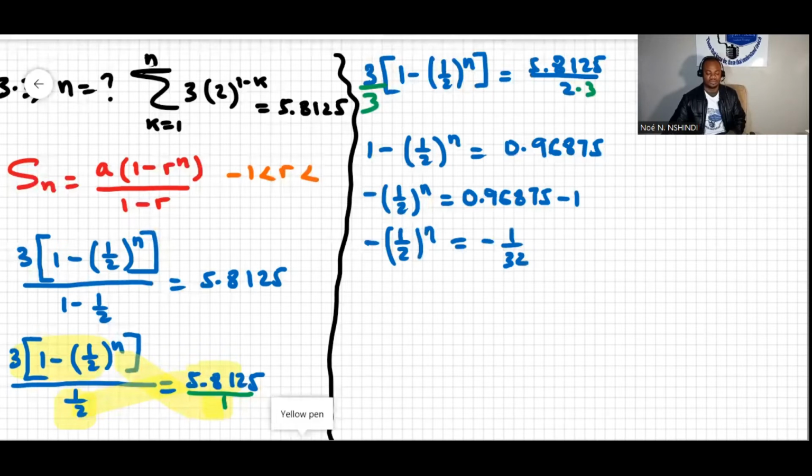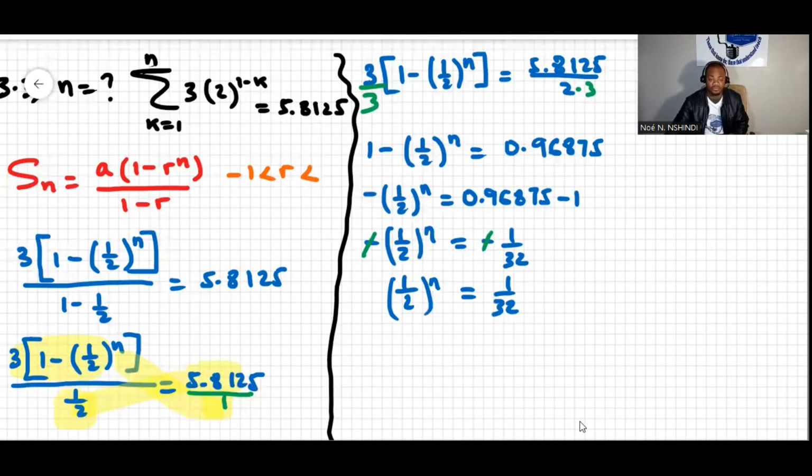We can cancel these negative signs, and that makes a half to the power of n equal to 1 over 32. Now I prefer to write a half to the power of n as 2 to the negative n.